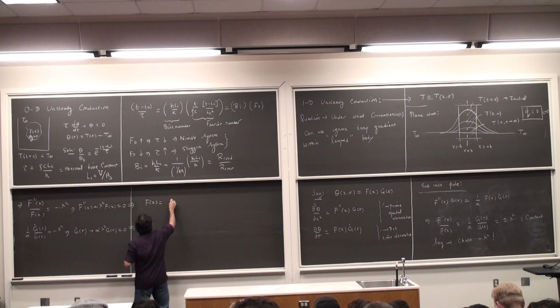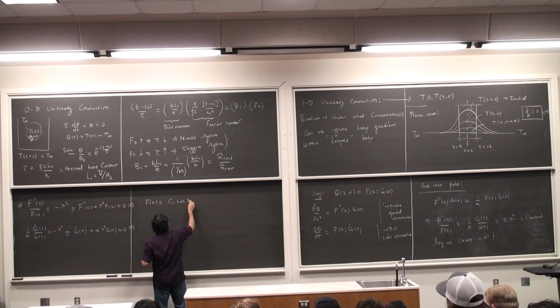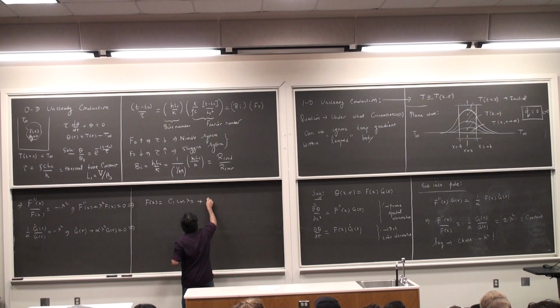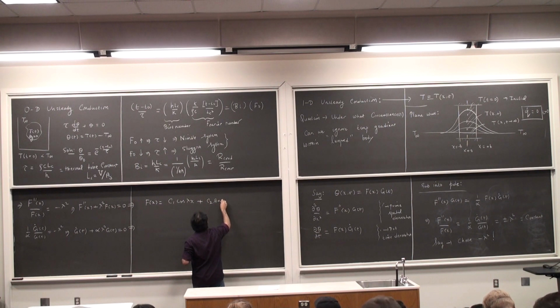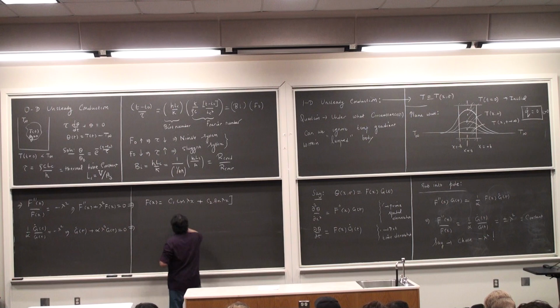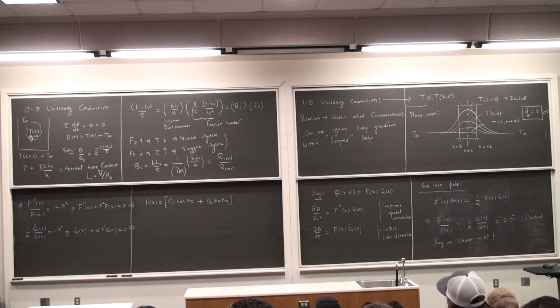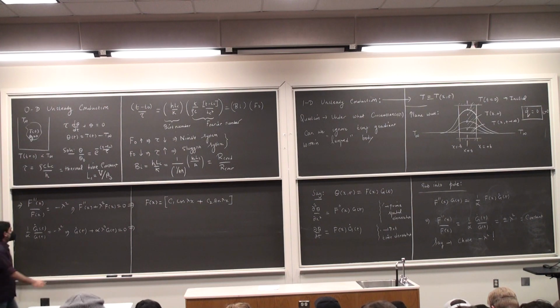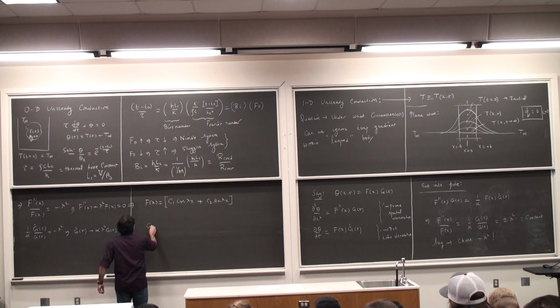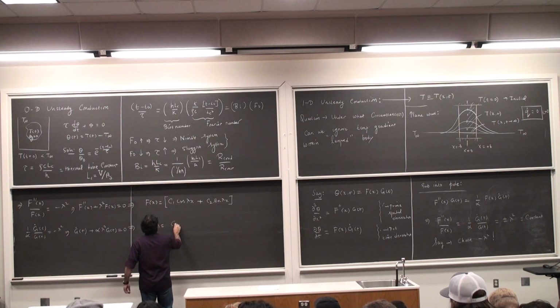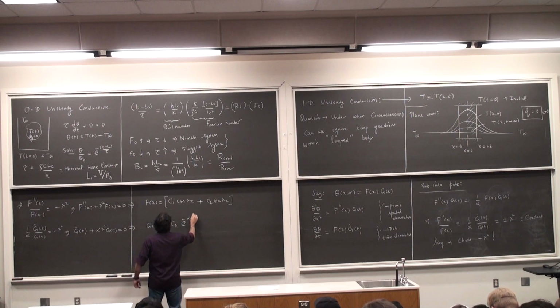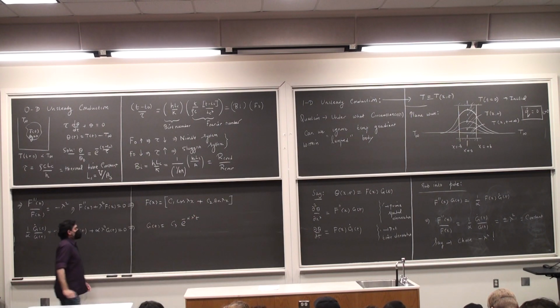F of x is some C1, C2, sine lambda x. That's the solution. You can check it up and see if it satisfies, and it will. And g of t is some C3 e to the power minus alpha lambda square t.